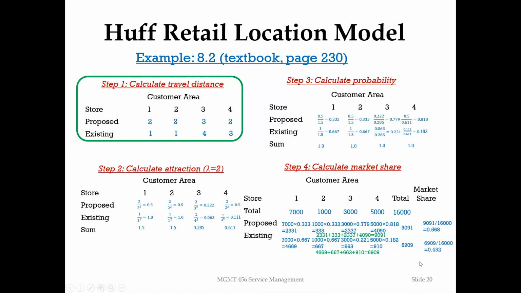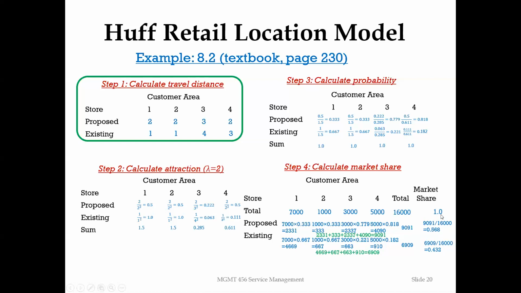What about the existing store? The existing store, for the total spending of $16,000, will capture about $6,909. So it's $6,909 out of 16,000, you get about 43.2%. So that's how much market share the existing store will capture. The total, of course, is 100%. So this number plus this number is 100%.